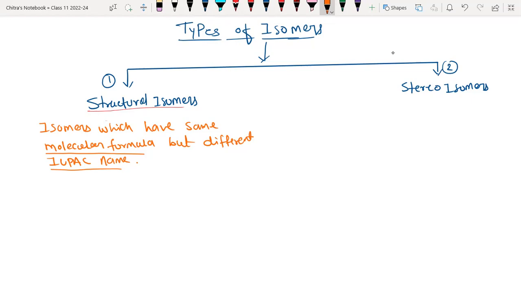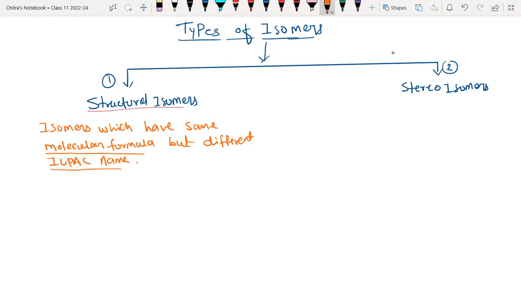Butane means 4 carbon and all single bonds, so butane is the IUPAC name. N represents whether it is the normal chain or not. So butane and 2-methyl propane are the two different IUPAC names for C4H10.